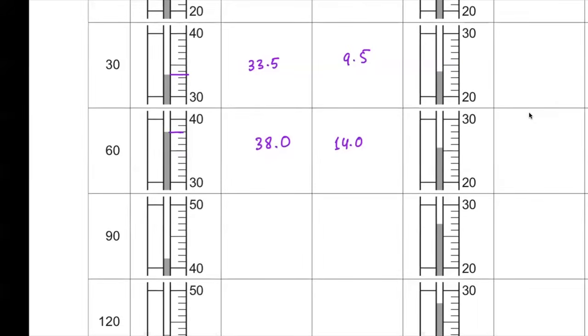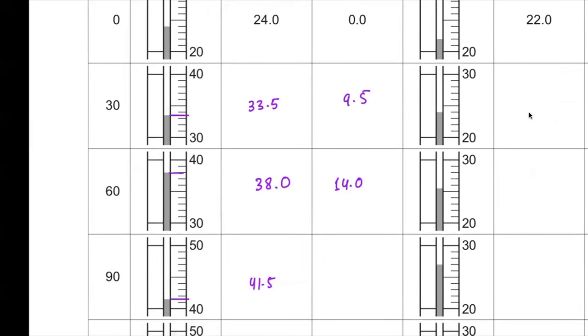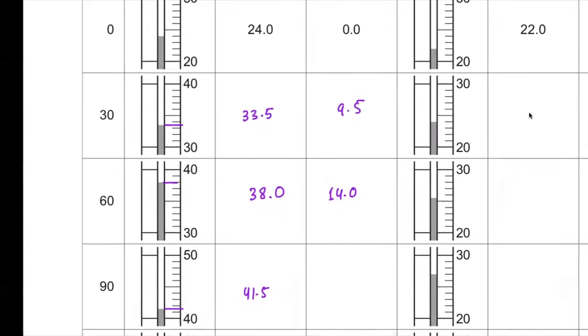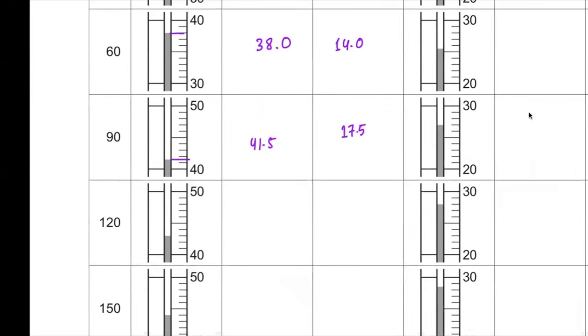Then at 90 seconds, the temperature is 41.5. So subtracting 24 from 41.5, is it 17.5? Okay, thank you, Marwa. Now at 120 seconds, the temperature is 43.